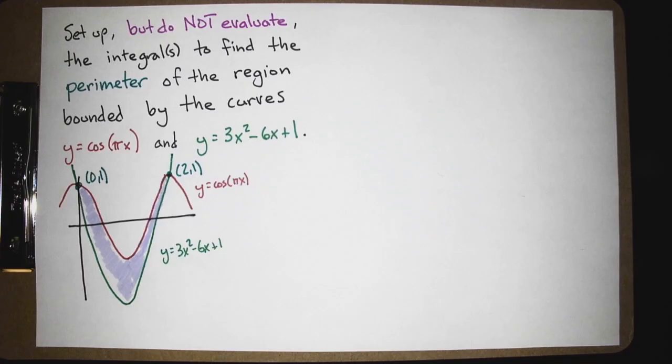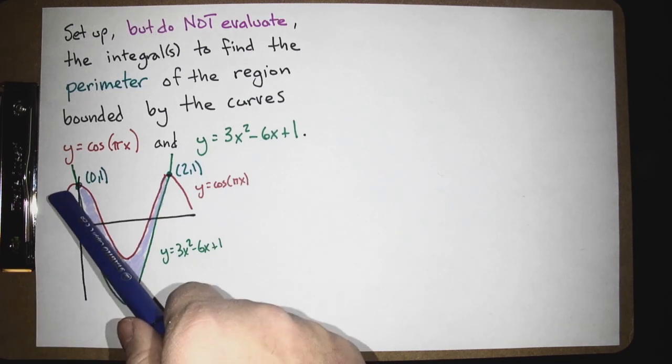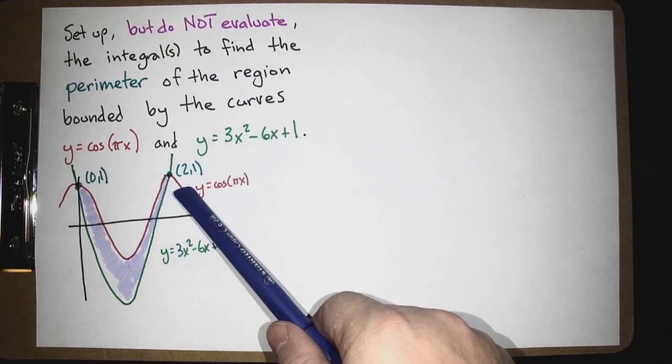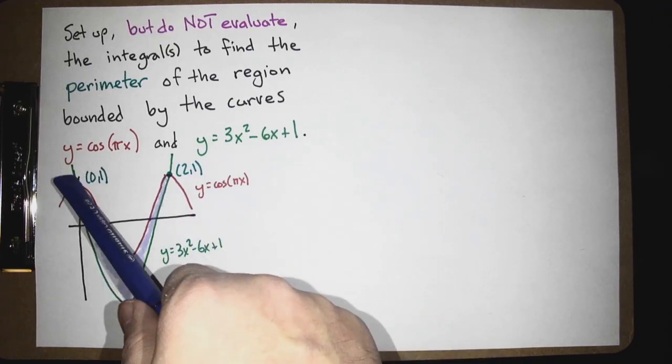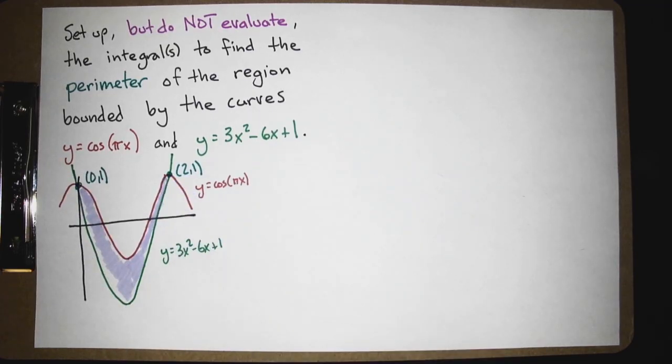Now, looking at this, how many integrals will we need? 2 integrals. Why will we need 2 integrals? We'll need one for the red piece, because that's one function, one for the green piece. That's the other function. So there are 2 functions that are making up this bounding curve. For each one, we need an integral involved.